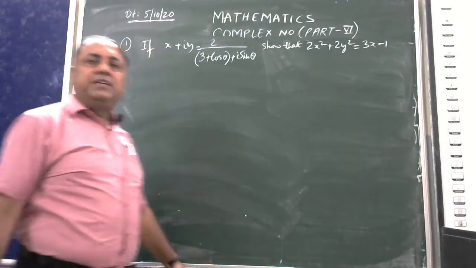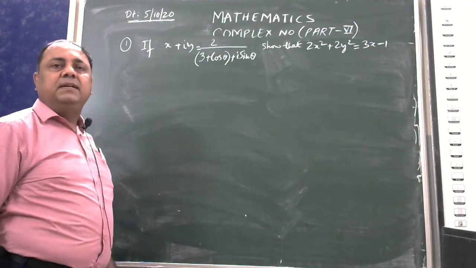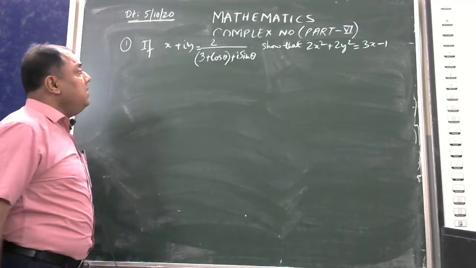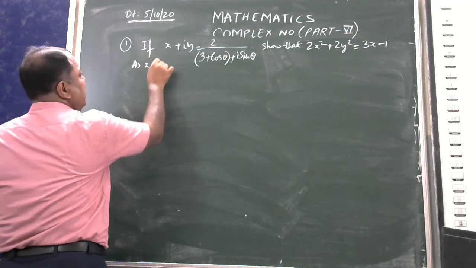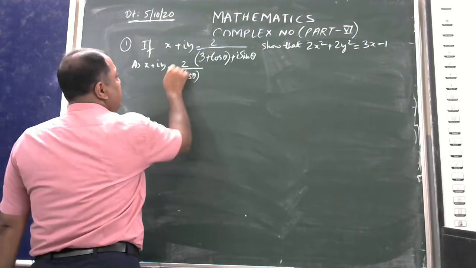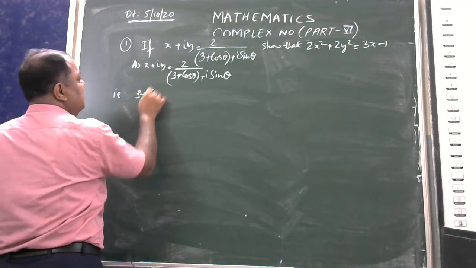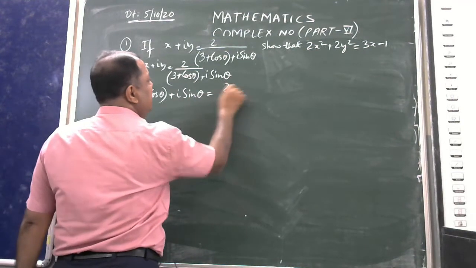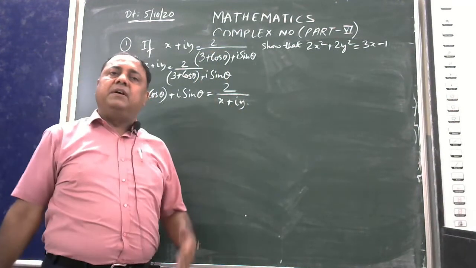Very common in your examination, this particular problem, but students make minor mistakes. We will proceed and try to follow what are the mistakes we need to avoid. Starting with this problem, I will write x plus iy is 2 by 3 plus cos theta plus i sin theta, that is 3 plus cos theta plus i sin theta is equal to 2 by x plus iy. I am just simply reciprocating.